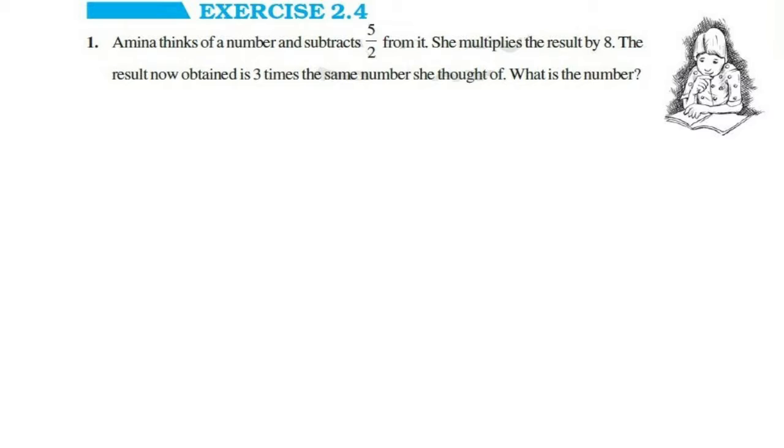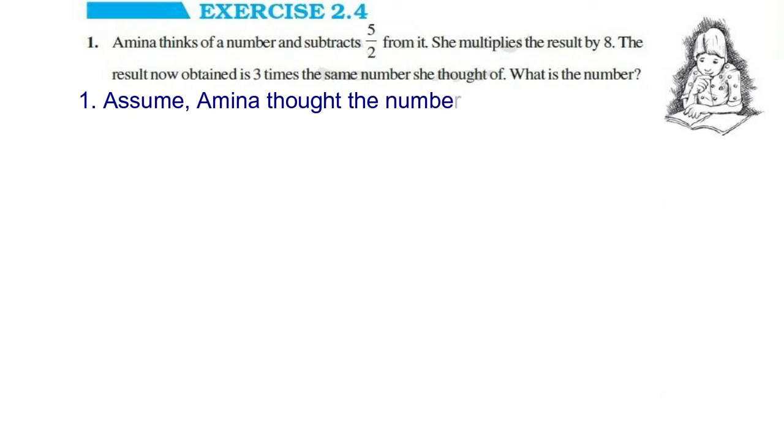Problem 1. Amina thinks of a number and subtracts 5/2 from it. She multiplies the result by 8. The result now obtained is 3 times the same number she thought of. What is the number? First, we assume Amina thought the number is equal to x.